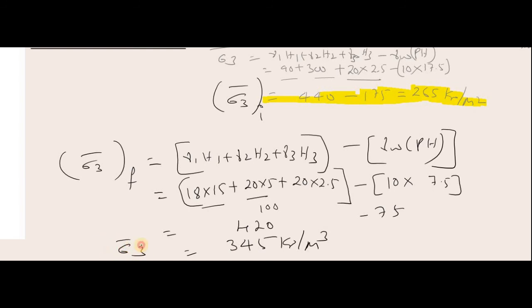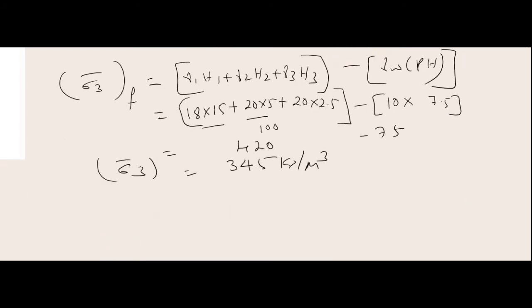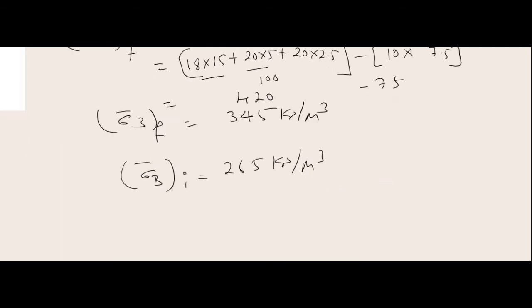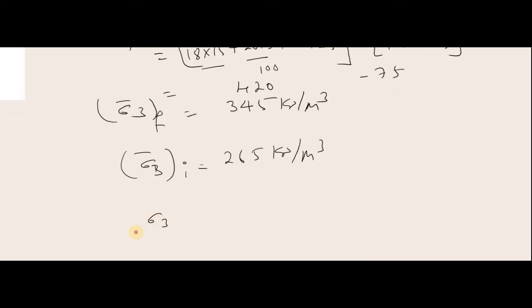So the conclusion, as I said I would give. Sigma 3 effective stress initially is 265 kilonewton per meter square. Now the final effective stress is 345 kilonewton per meter square.